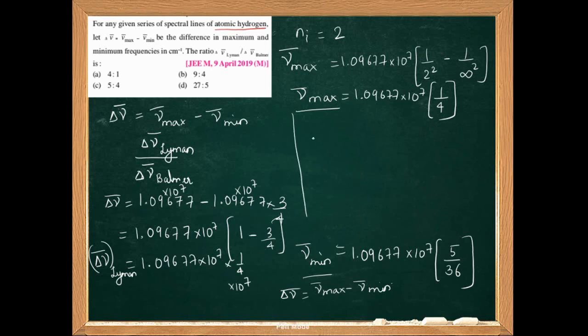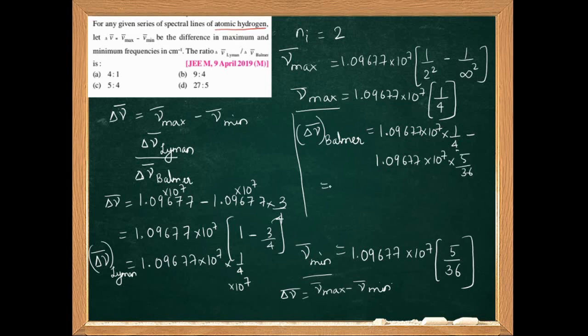So delta nu bar for Balmer is maximum minus minimum: 1.09677 into 10 to the power 7 into 1 upon 4 minus 1.09677 into 10 to the power 7 into 5 upon 36.